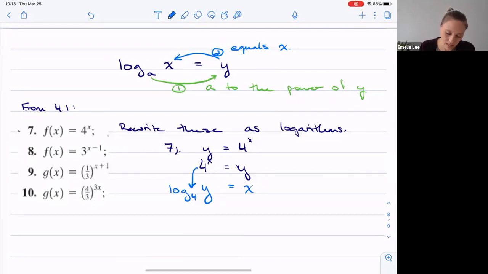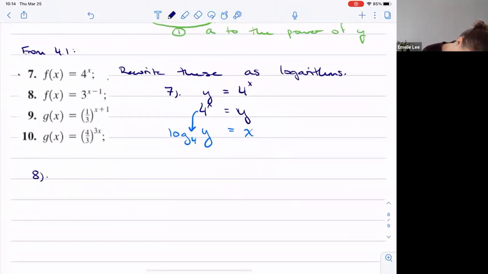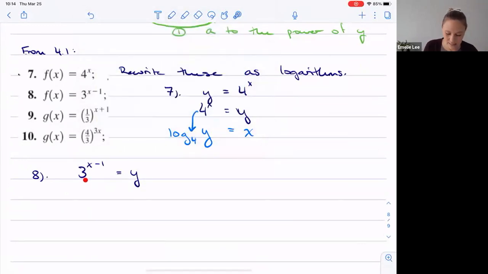So let's go on and do 8. I'm going to rewrite it as 3 to the x minus 1 equals y, just to use that same order again. I can see already that my base is 3.